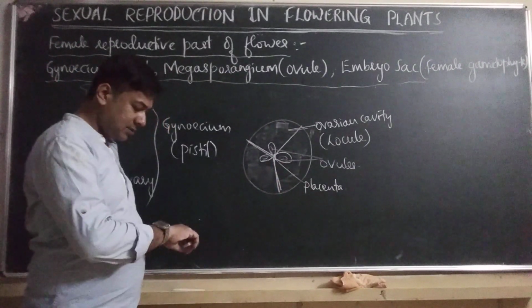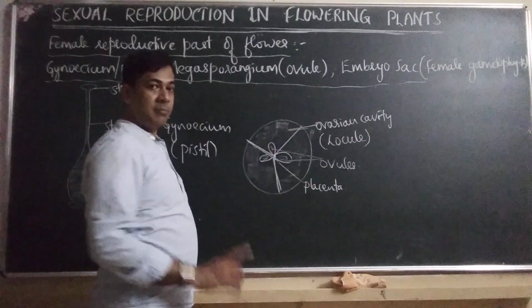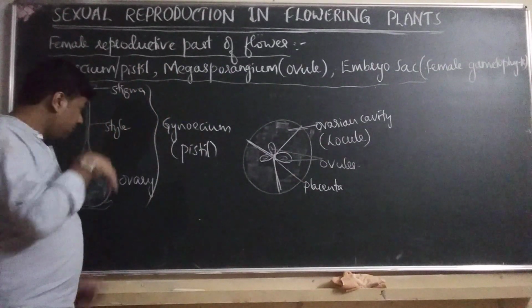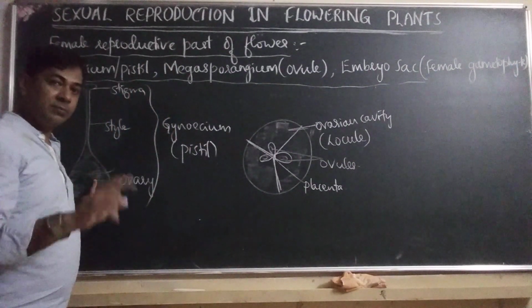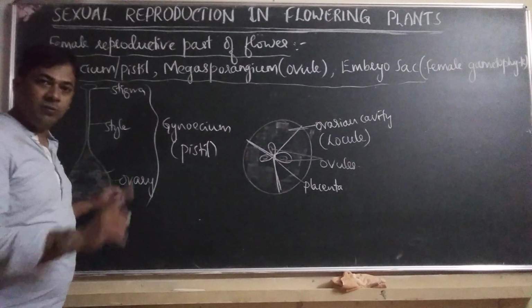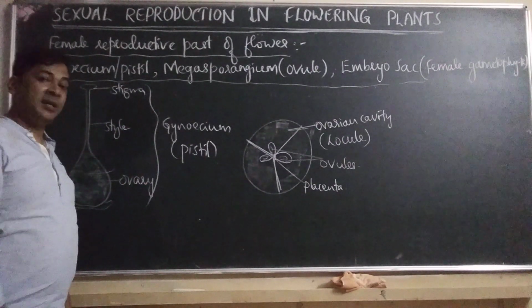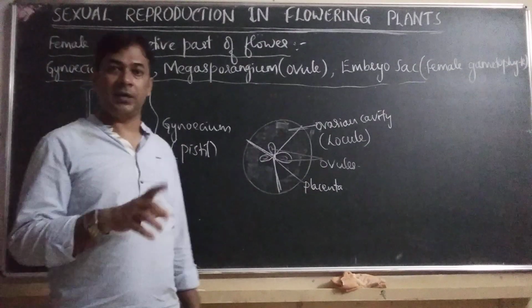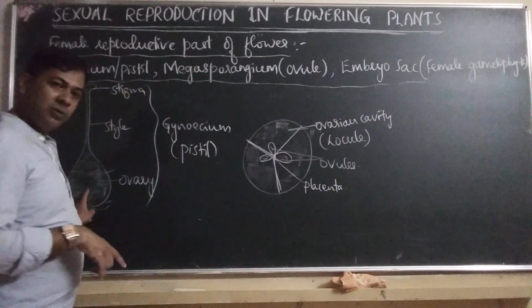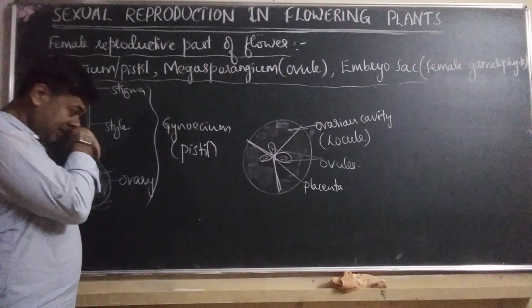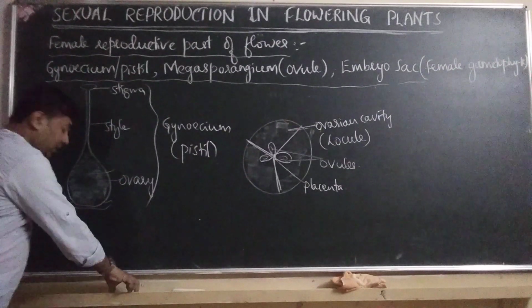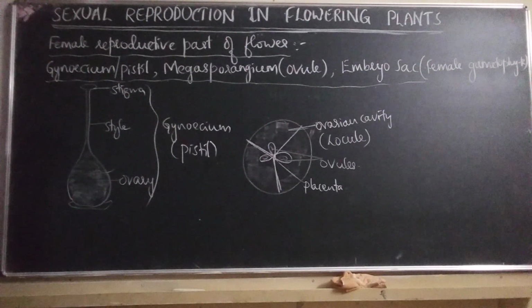Some plants contain a single ovule within the ovary, meaning in one ovary, one ovule will be there. In some plants, one ovary contains many ovules. Let us take examples of which plants have a single ovule and which have many.